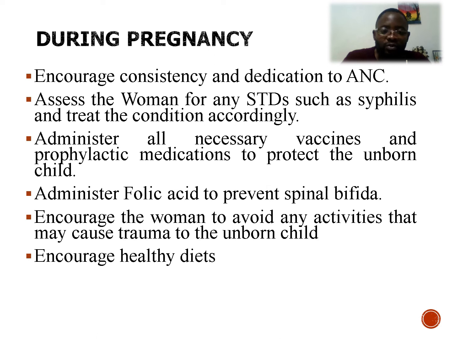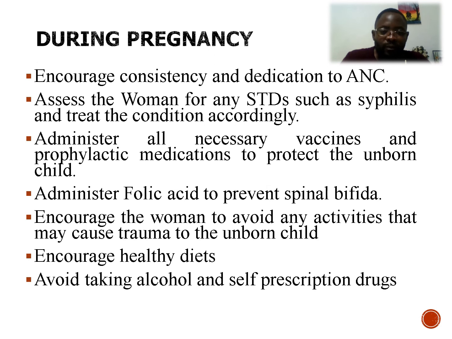So this will also prevent mental retardation in a child. Also, make sure that you remind the woman to avoid taking alcohol and self-prescribed medications, because these may cause brain injury to the unborn child. Okay, so there are other activities that you can put up during pregnancy and discuss them nicely.